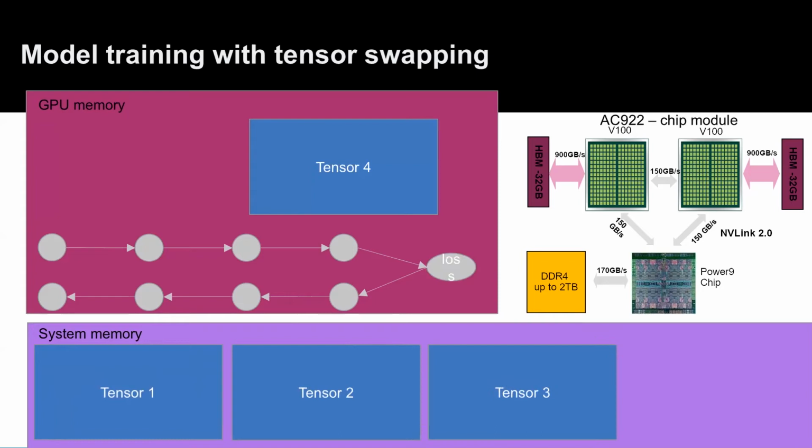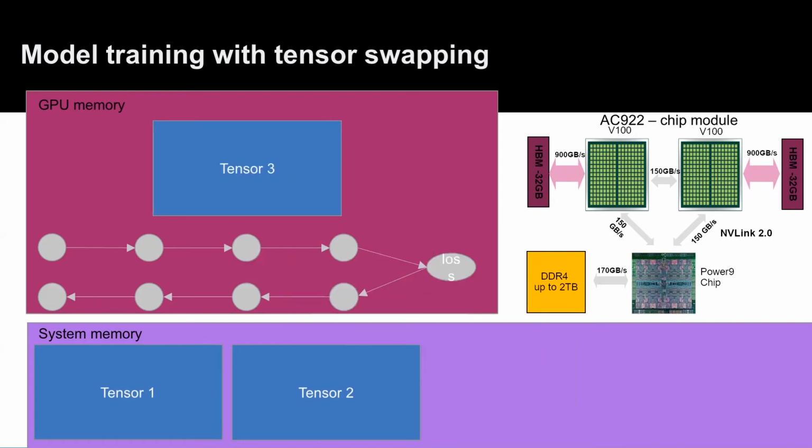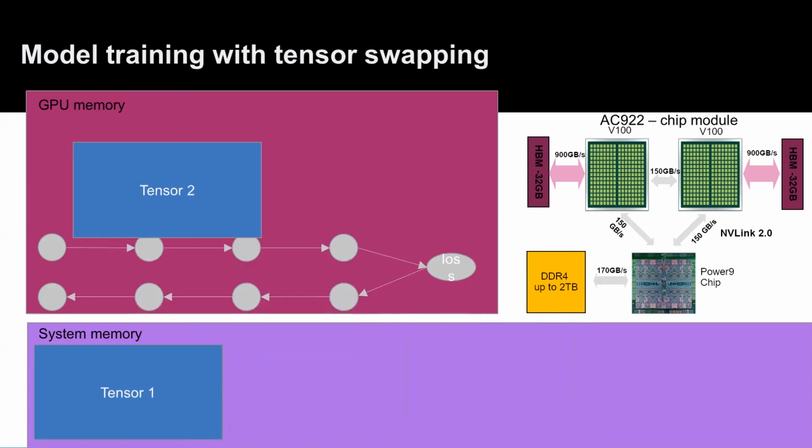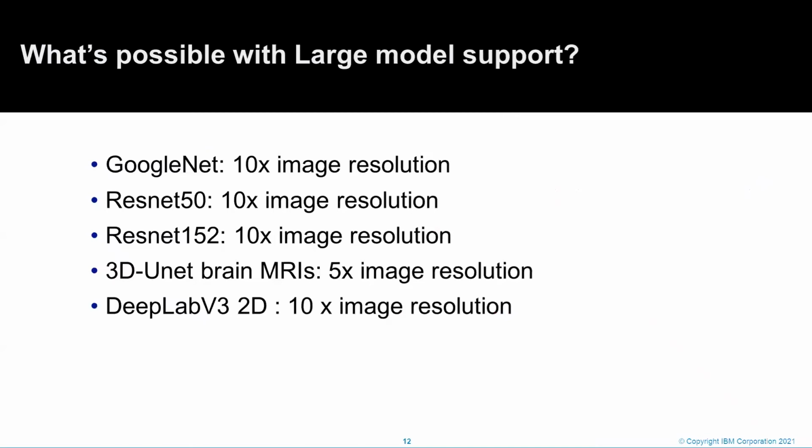For the last tensor, we can keep it in the main memory, as it will be used immediately to compute the gradient and apply the weight update on the layer. Then same for tensor 2, and then we recall tensor 1. That's how it works.